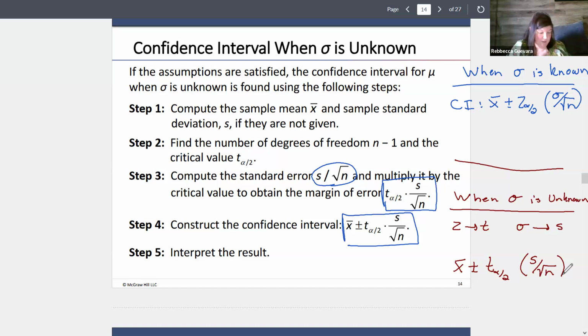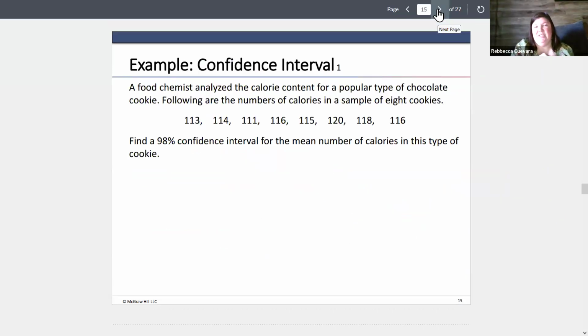Okay. So I'm trying to get this information up that we're going to need soon. We're going to do a confidence interval. I'm going to do this all on the TI-84 because it'll be quicker to do it all in one spot. Food chemists analyze the calorie content for a popular type of chocolate cookie. The following are the number of calories in a sample of 8 cookies.